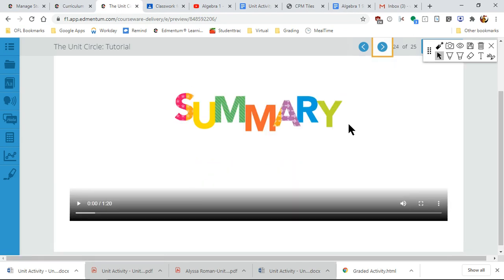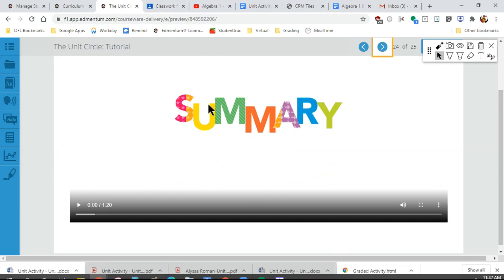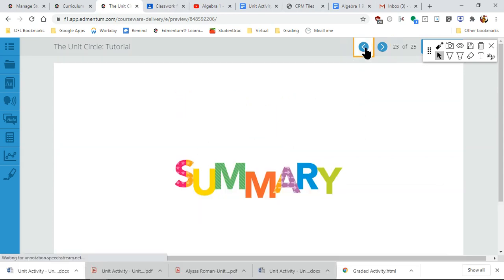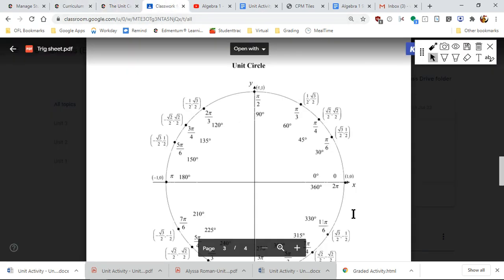And then our summary. So, yay. So that's about it. Use your unit circle when you're answering these questions, but just remember what we learned here today, guys. This idea of from here to here has the same angle as from here to here, right?